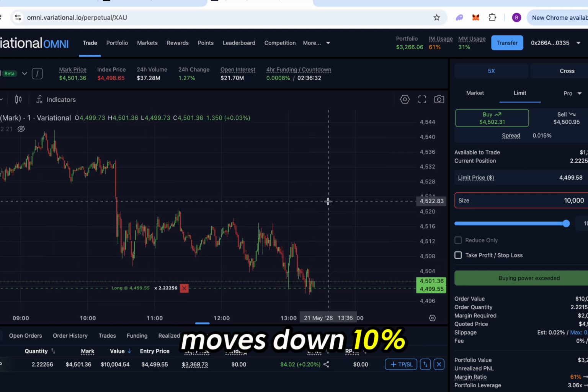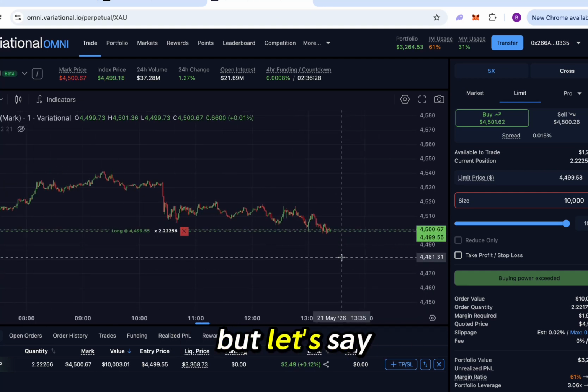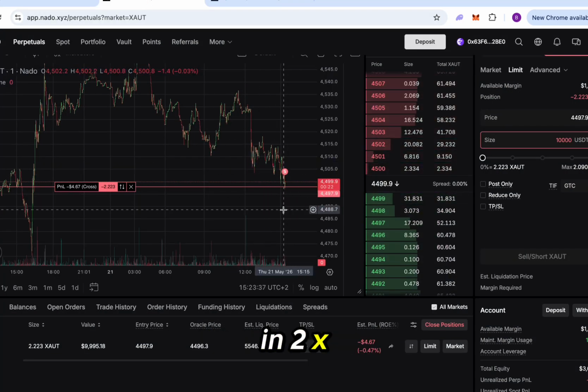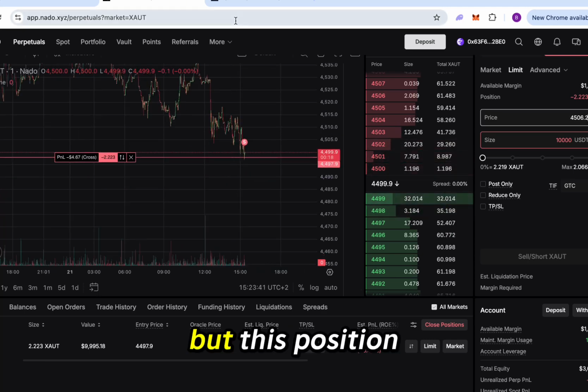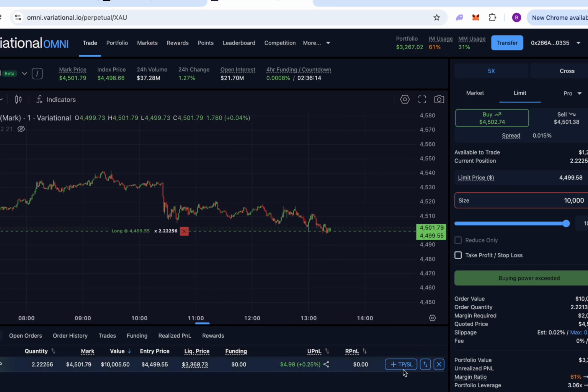Price moves down 10%. Your 10x leverage position will be liquidated. But let's say you were to be asleep. This one, which was the reverse trade, would be in 2x profit. So your net break even. But this position is cancelled because it's liquidated.